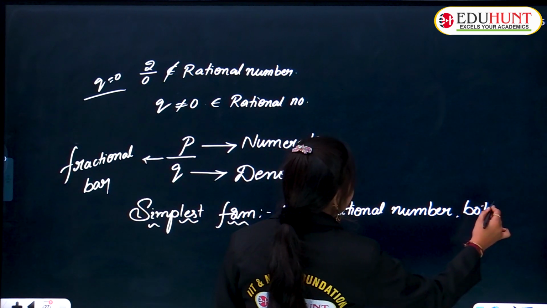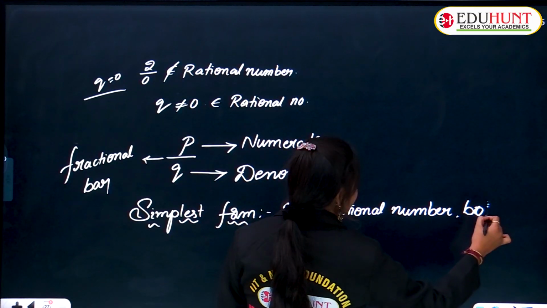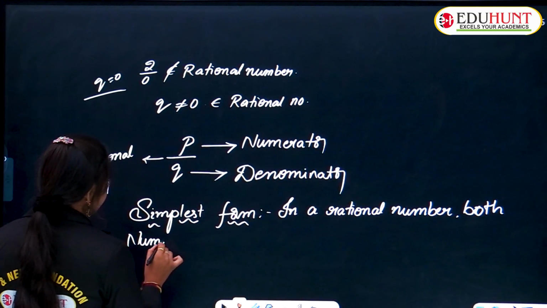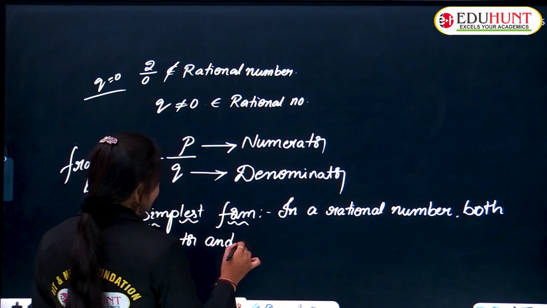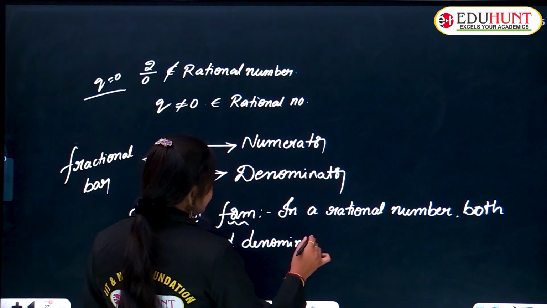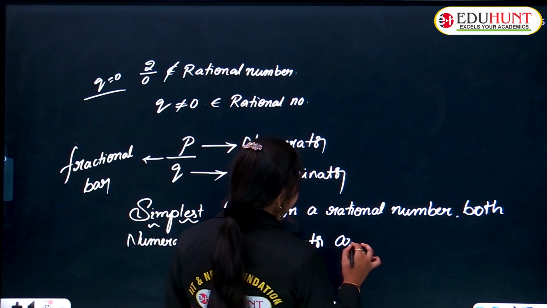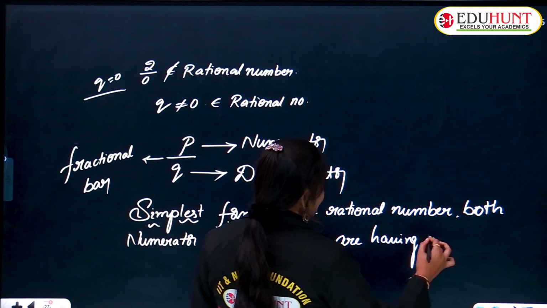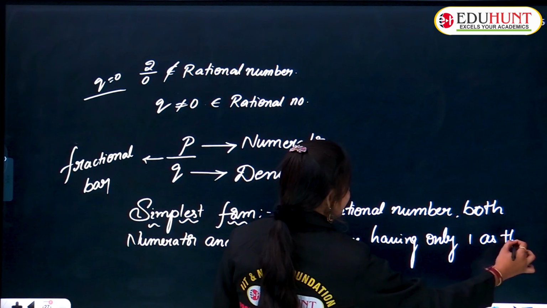Simplest form means, in a rational number, both numerator and denominator have only one as the common factor.